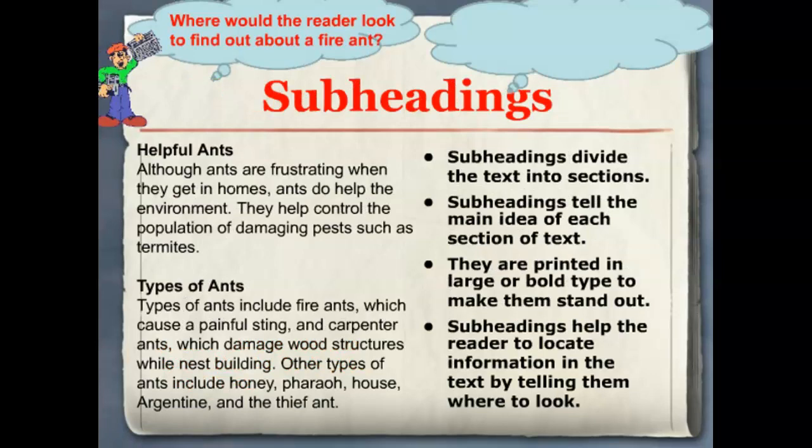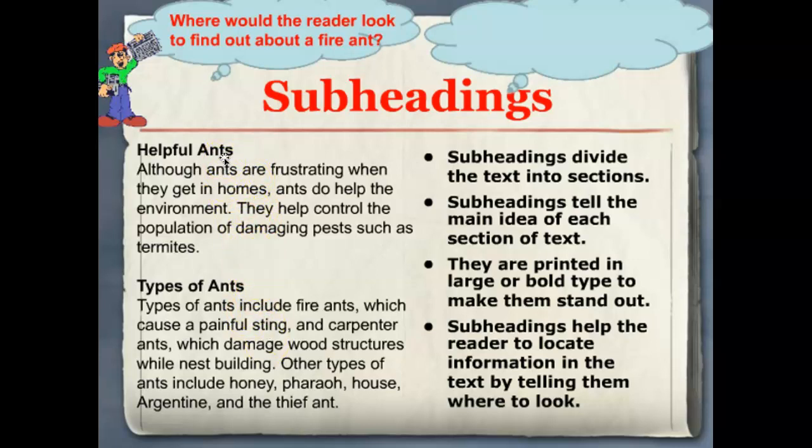Next up, we have subheadings. Okay, subheadings are things that divide the text. So if you're reading a newspaper article or a journal article online, a website, anything, you'll see sometimes that they have these little bolded sections, and those are the subheadings. So that's going to give you a little bit more information and kind of divide a bigger article into little chunks.